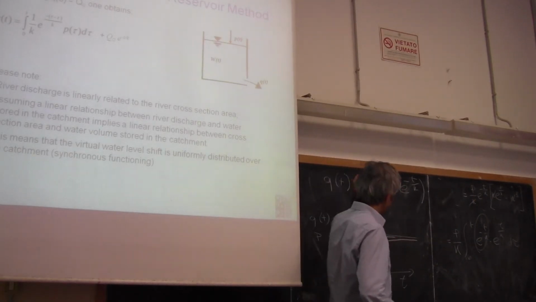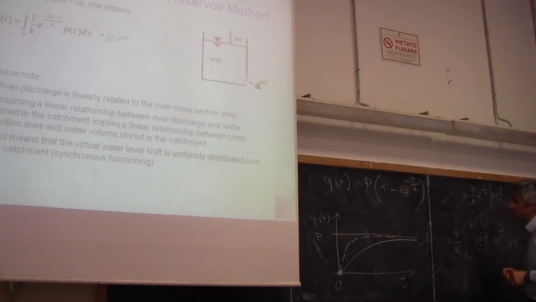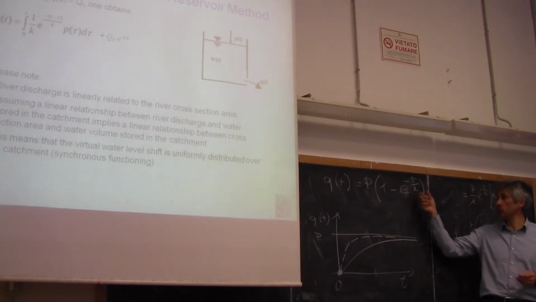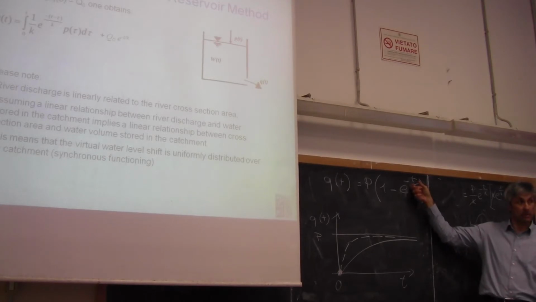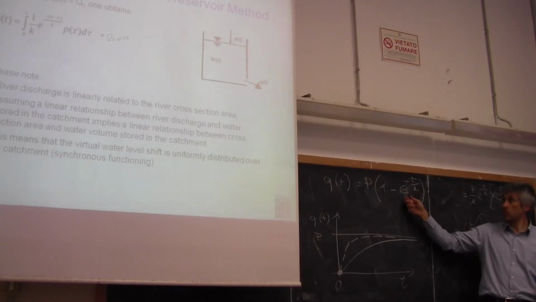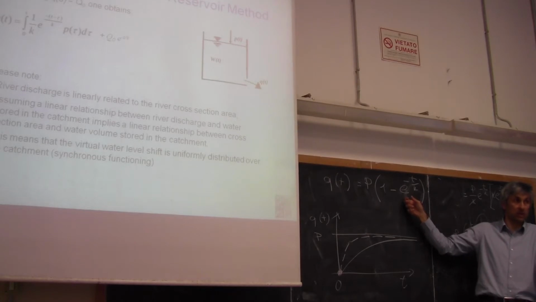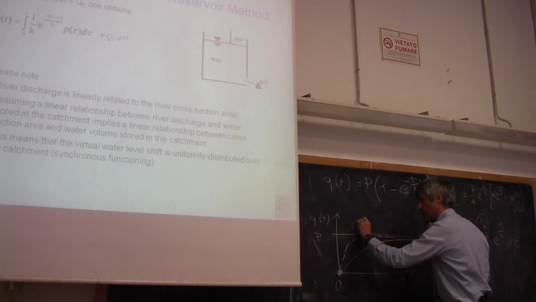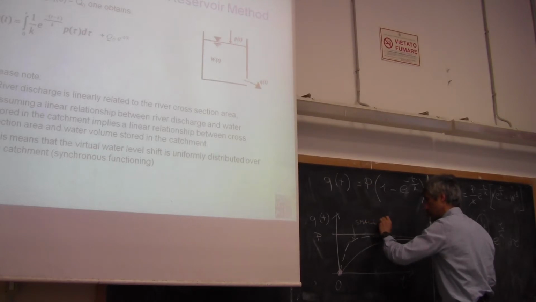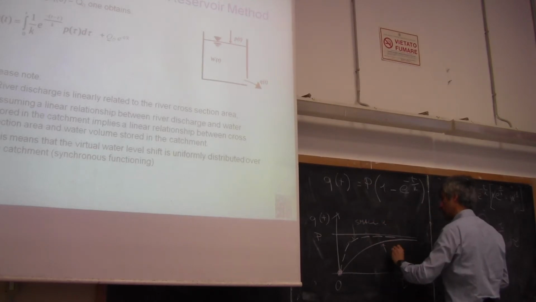So let's start from the mathematical analysis. You see that if you have a very high value of k, it takes a longer time to get this term close to 0. So e to the power of minus t over k goes to 0 more rapidly if k is small. So I would expect that this is a curve for small k, and this is a curve for bigger k.